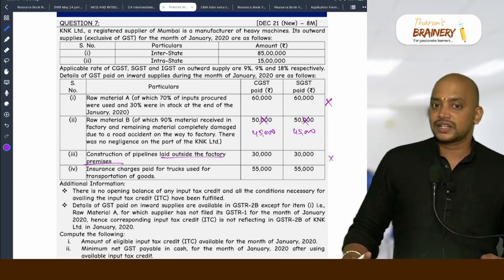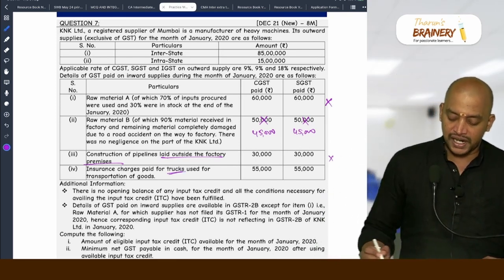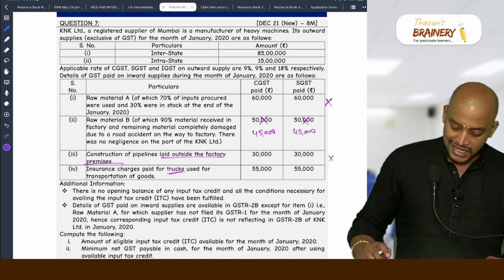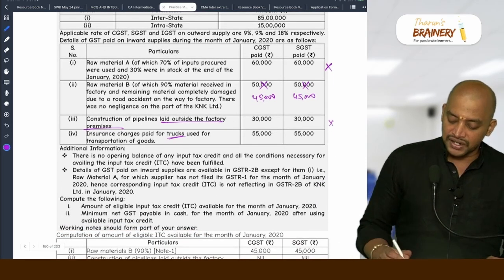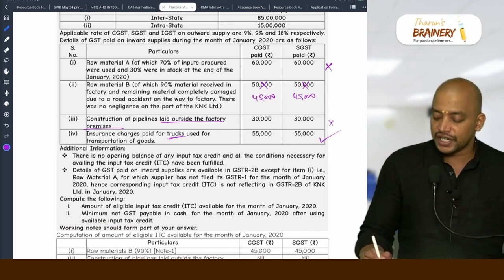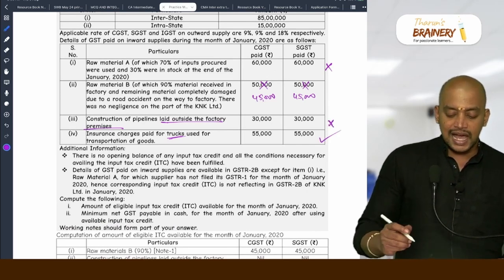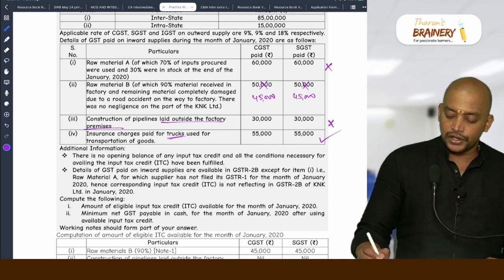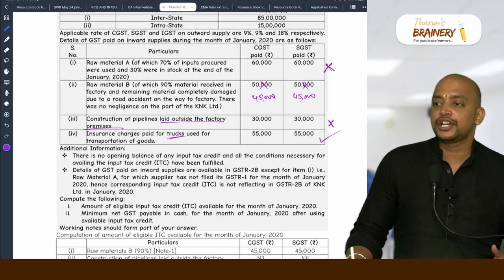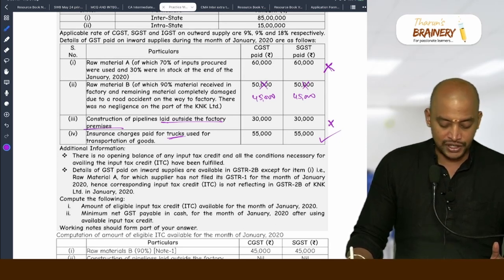So trucks will come under other motor vehicles. Can we take ITC with respect to trucks purchased? Yes. And everything is reflected in 2B. But in case of blocked credit, even though reflected in 2B, we should not take. First point, not at all reflected in 2B. Second point, even though it is reflected in 2B, 10% is blocked credit, we should not take.